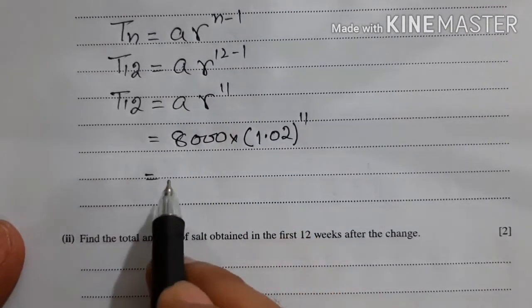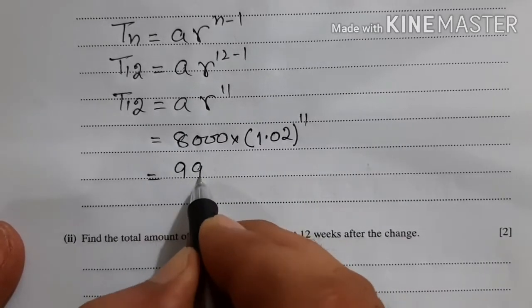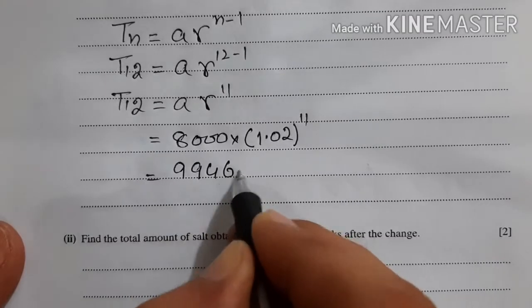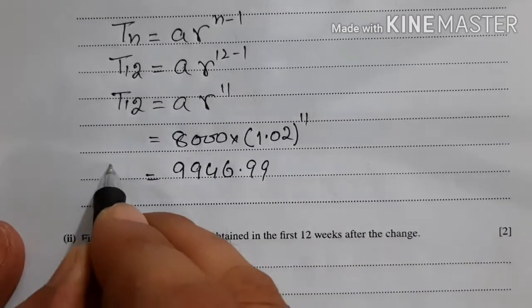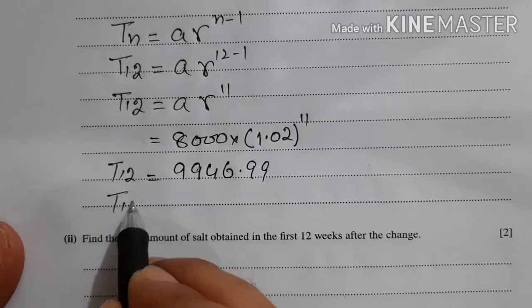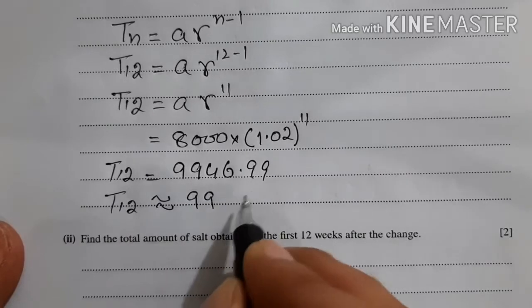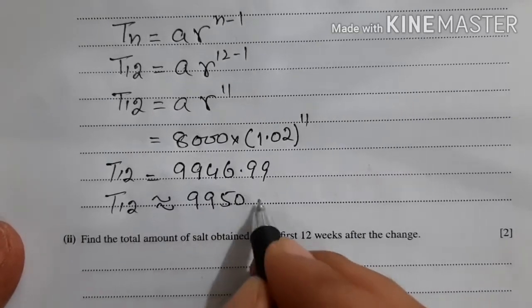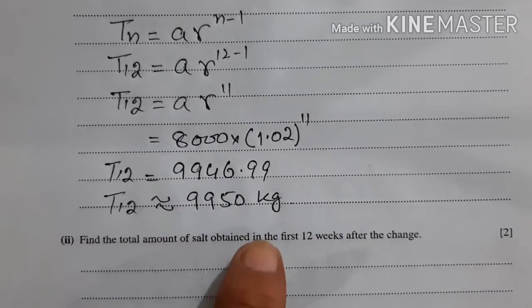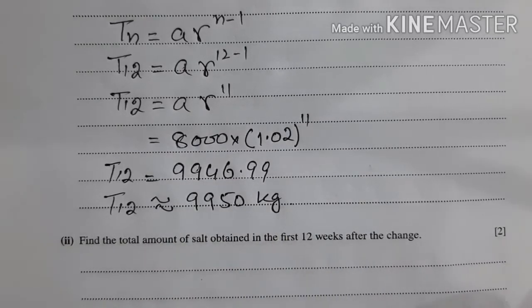After solving by calculator, it will be like 9946.99. So it can be rounded off to 9950 kg. So this is the amount of salt obtained on 12th week.